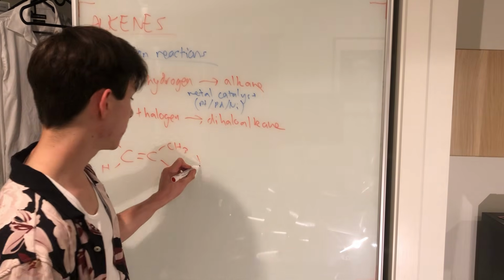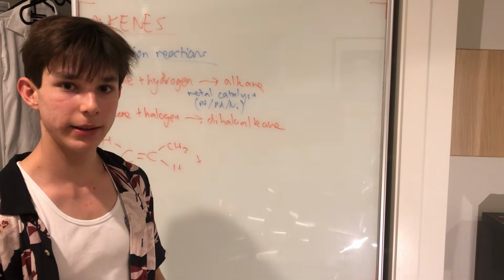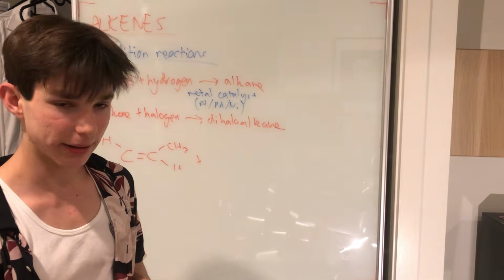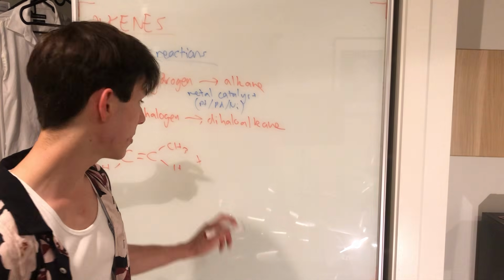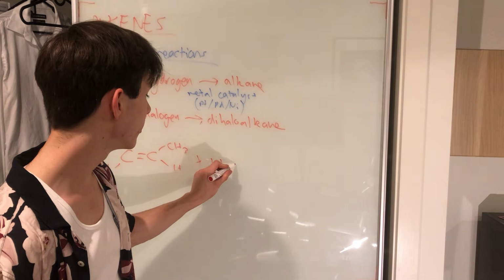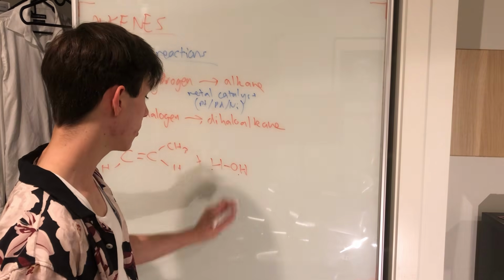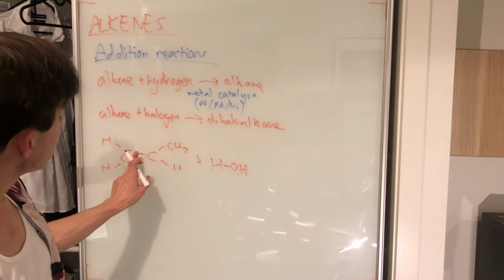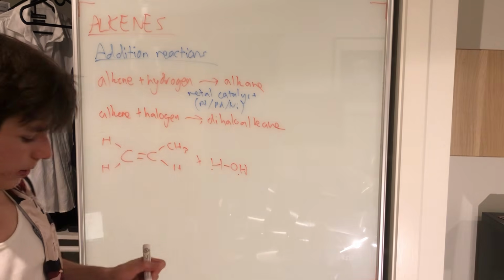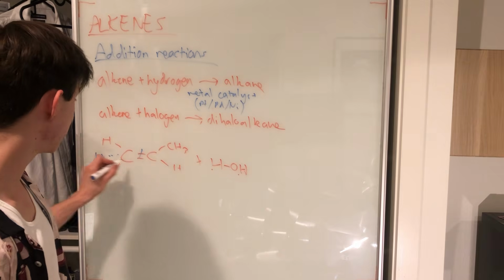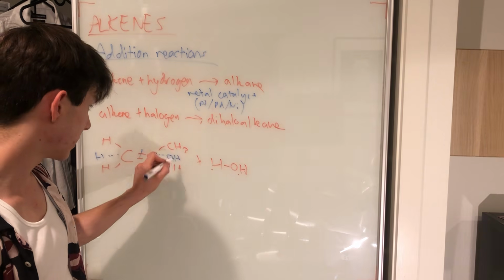So we're adding water. Now, you can think of water as H2O, but how we're going to think about it now is HOH, two different things. In other words, we're going to break this double bond, and we're going to put H on one side and OH on the other side.